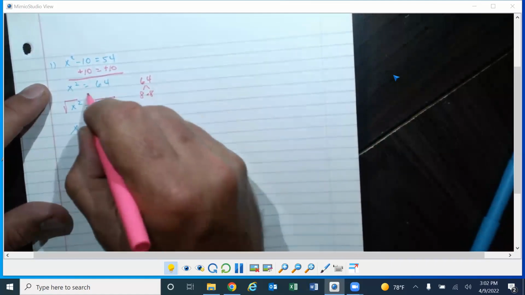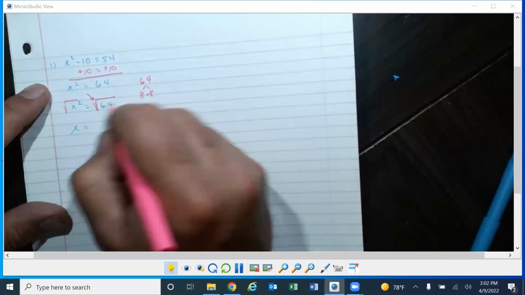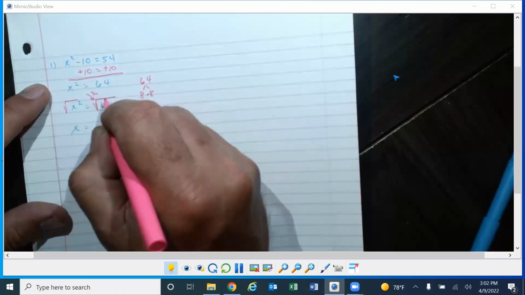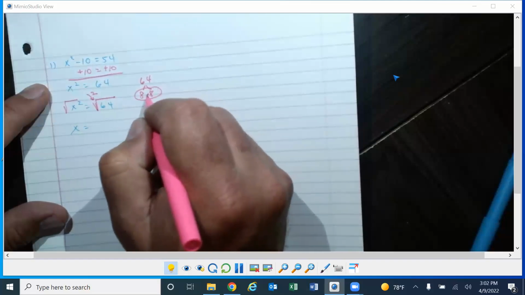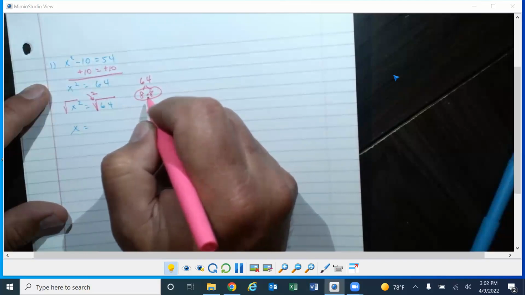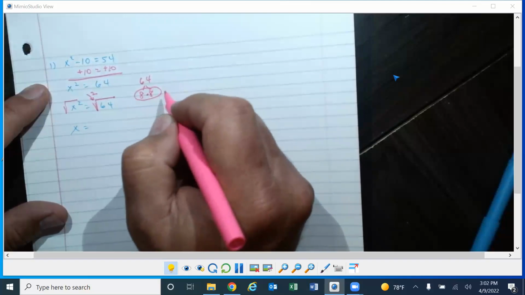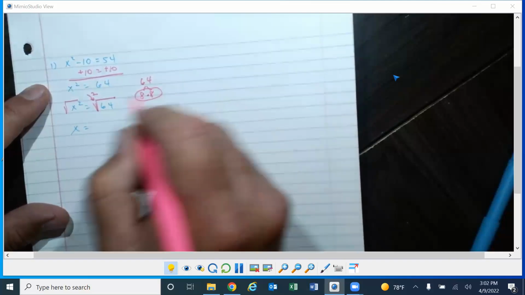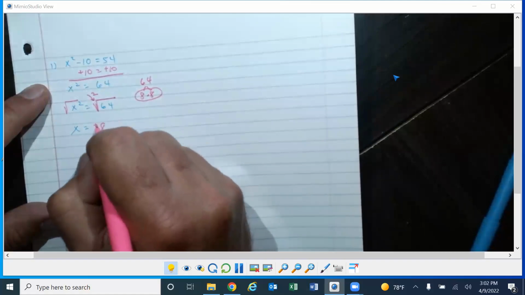The index, that's the little number you don't see inside it because it's a square, it's a 2. And that means we pair them off. If you find a pair, that goes outside the radical. Well, if 8 and 8 are the only pair and there's no numbers left over, that means nothing goes inside the radical. And so my answer is 8, but it's a plus or minus 8.